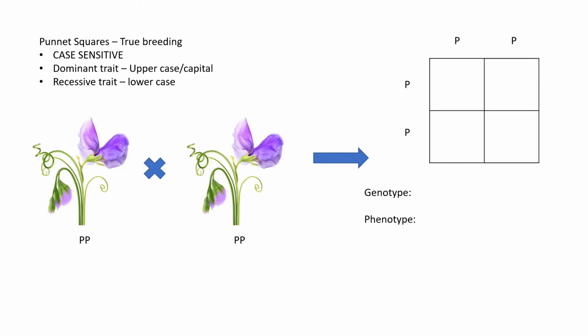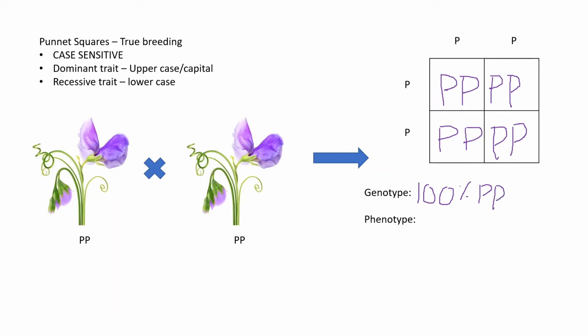With this true breeding experiment, the offspring produced will have alleles capital P, capital P. What this means is that if these two parent plants are fertilized, all 4 offspring produced will have alleles that are both capital P. So the genotype for that would be 100% double capital P. Remember, genotype just means the genetic code or the alleles, and phenotype means what is physically expressed.